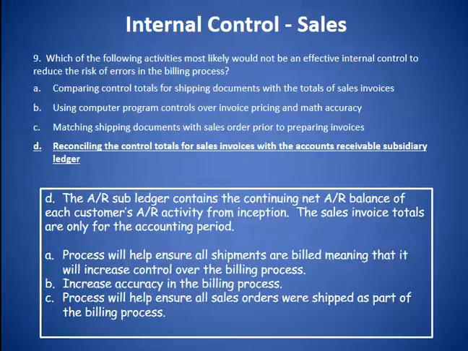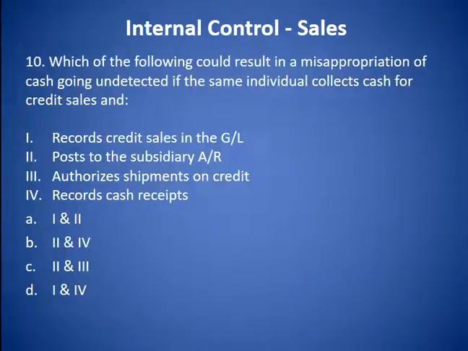Okay, let's take a look now at question number 10. Which of the following could result in a misappropriation of cash going undetected if the same individual collects cash for credit sales and you're given several additional duties?